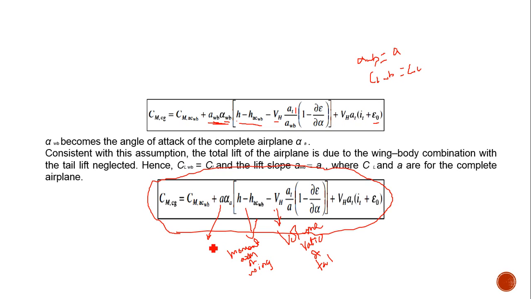This is the lift curve slope for the whole plane, and this is the lift curve slope for the tail plane.